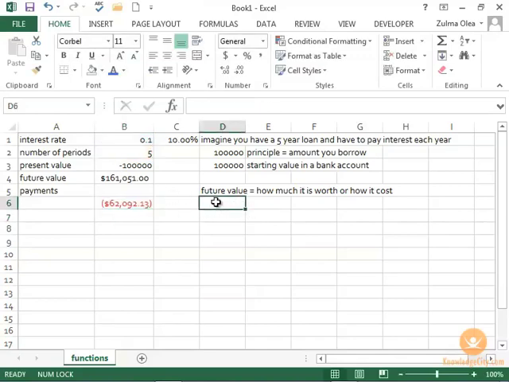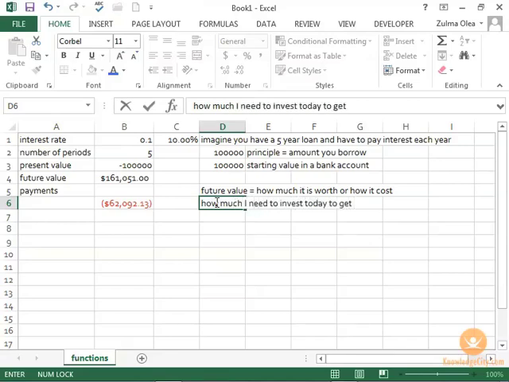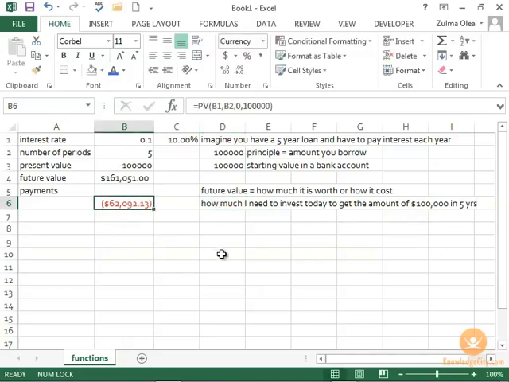So this is how much I need to invest today to get the amount of $100,000 in 5 years at 10%. Again, it's a negative because you invest it, and in order to get a positive, that's money coming back to you.